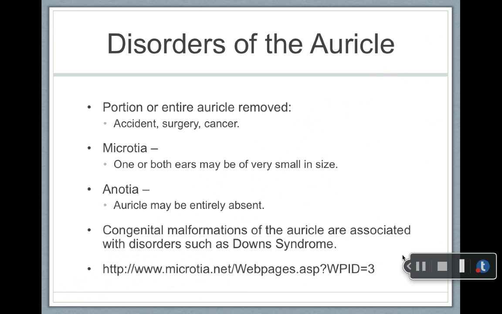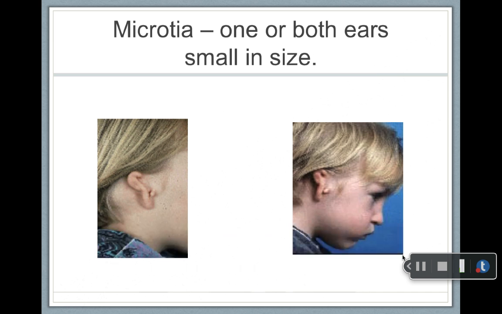So you could have no auricle. There could be microtia. This is a genetic disorder where one ear or both ears are very small in size. Anotia, where there's absolutely no auricle at all. You could have congenital malformations, sometimes associated with Down syndrome.